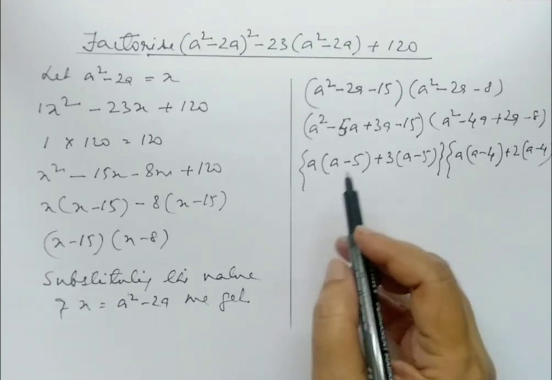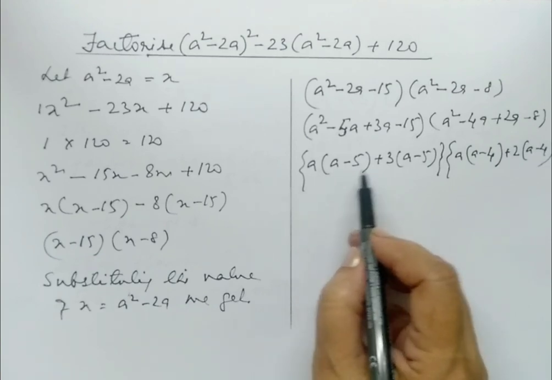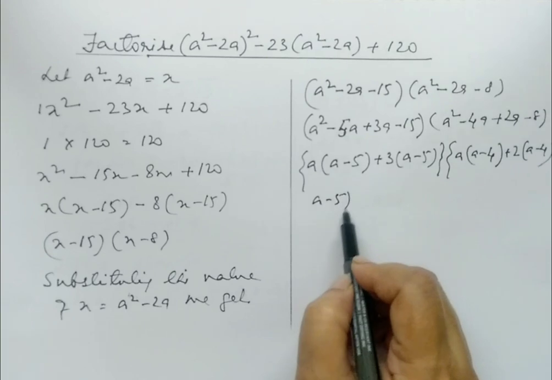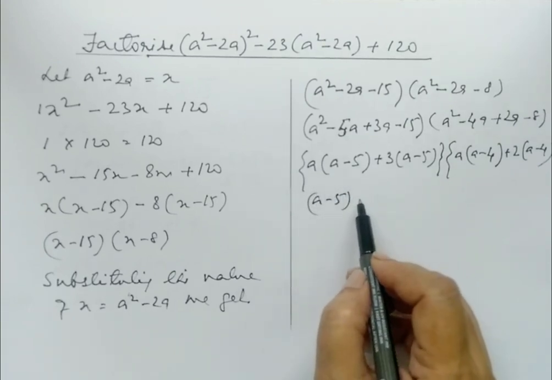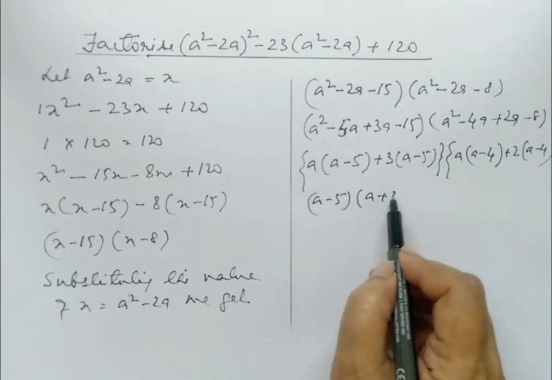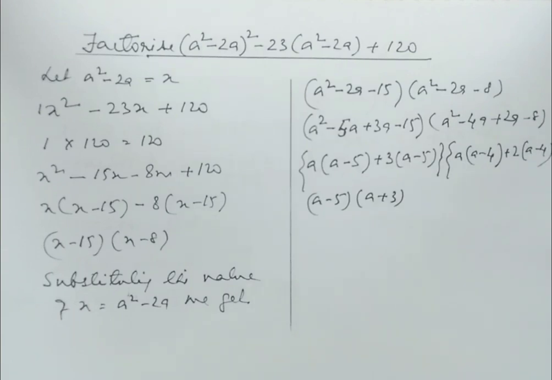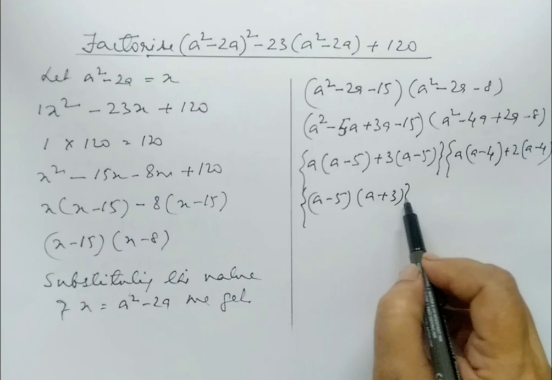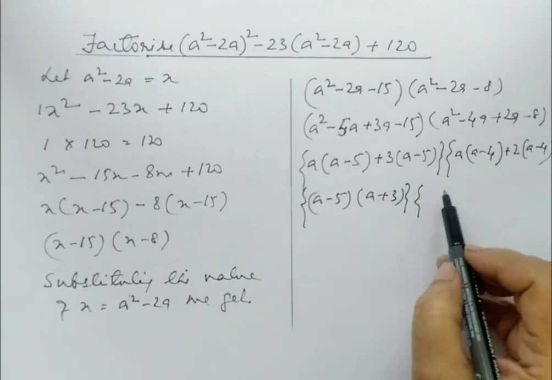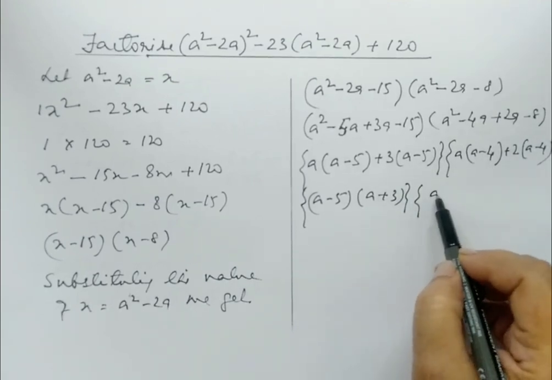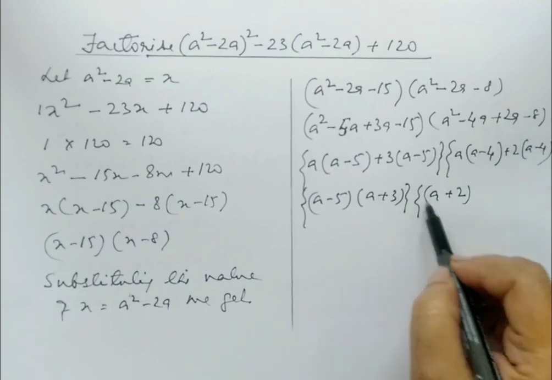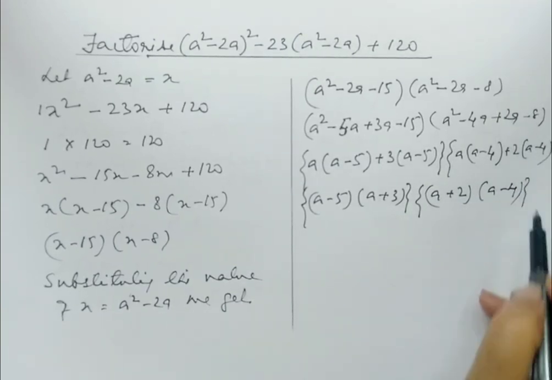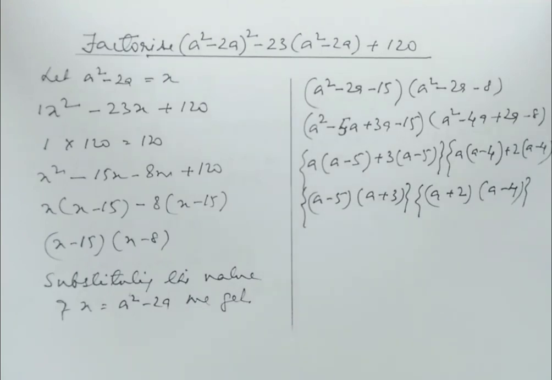So from this we get a minus 5, and here we have a plus 3. Got it? And let me put the curly bracket still. So a plus 2 and a minus 4. Alright, this is it.